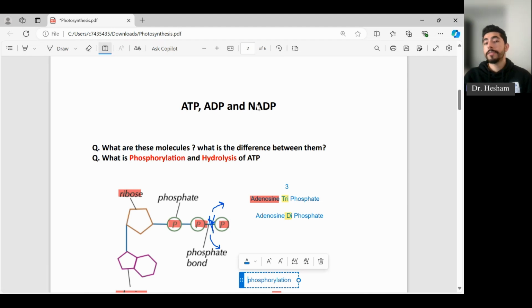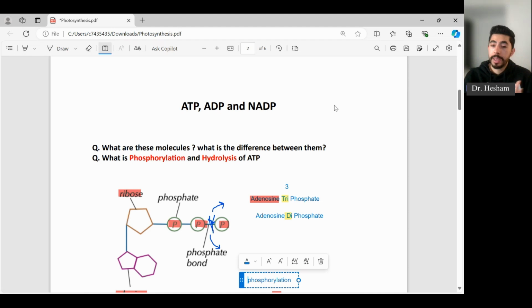So these are different molecules. They are called coenzymes. So a coenzyme is not an enzyme in itself. It is a helper of an enzyme. It's not an enzyme, it's a coenzyme. So coenzyme means helping an enzyme, a molecule that helps an enzyme out.